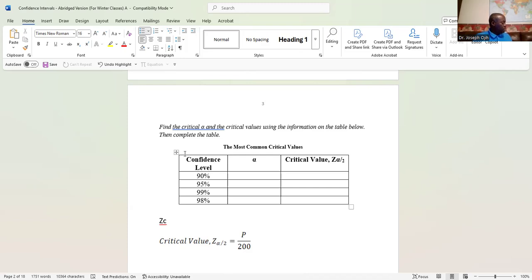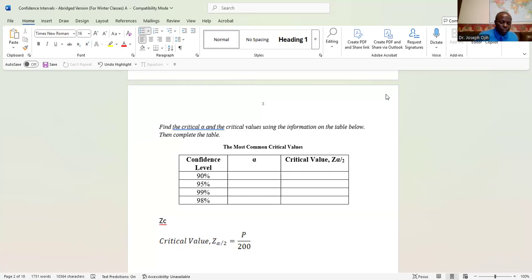So let us figure out how to find the critical value for a confidence interval. Because a confidence interval has to do with two sides, the lower end and the upper end, we're looking for critical values for two tails, the left side and the right side.